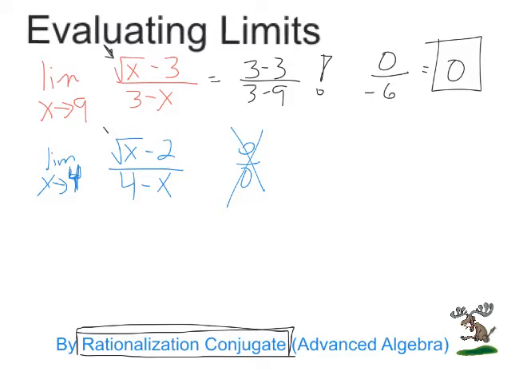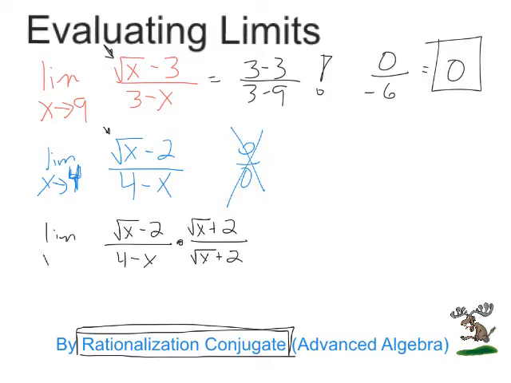Because I have the radical, I'm tipped off to the fact that this might be a useful trick. So what we do is we take our function, and we're going to multiply the top and bottom by the conjugate. So do root x plus 2, root x plus 2, and the limit should always travel with us.